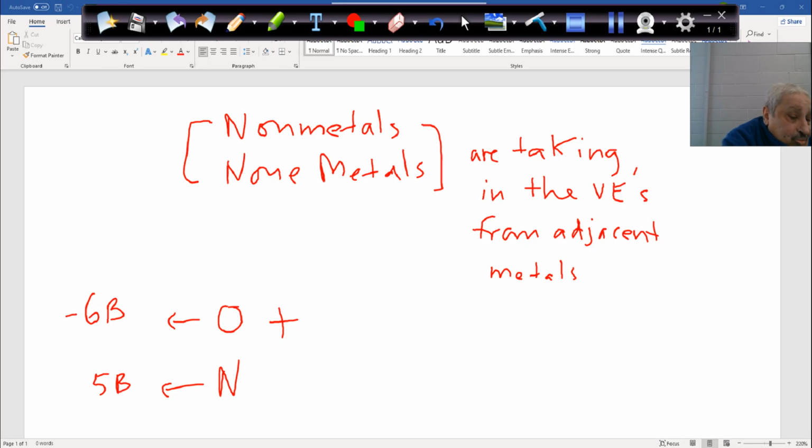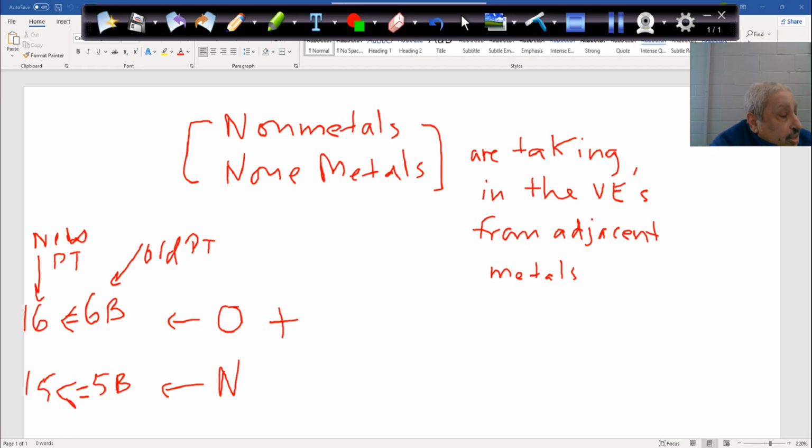So 6 plus 10 is group 16, and 5 plus 10 is group 15 in the new periodic table, and this is the old periodic table. I like the old one because, though both are good, the old one gives us the exact valence electrons. So oxygen in the 6th group means oxygen has 6 valence electrons.